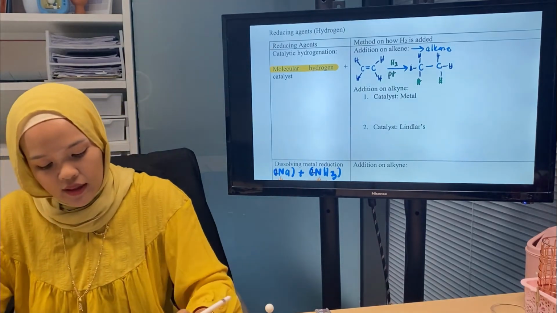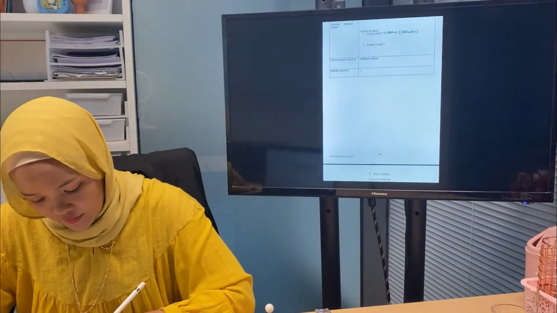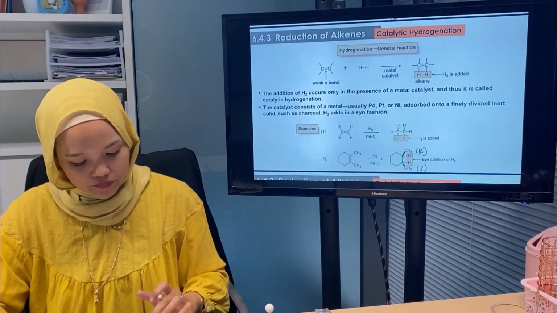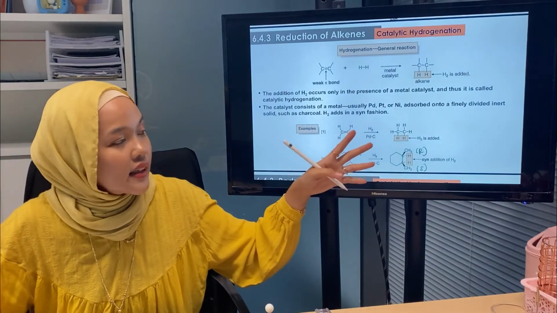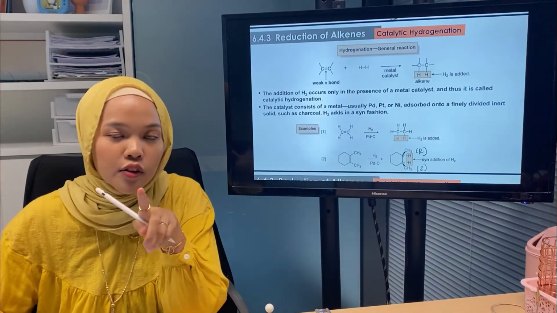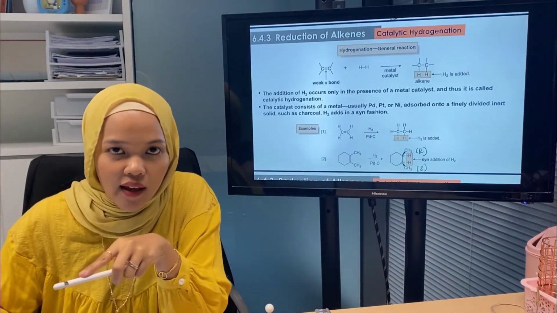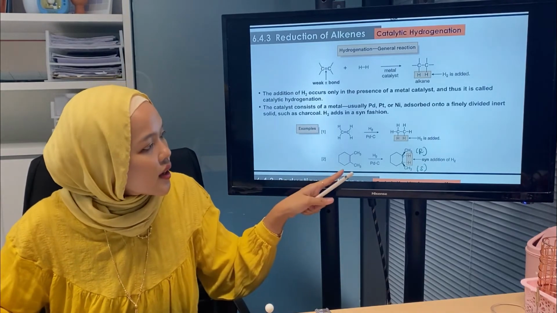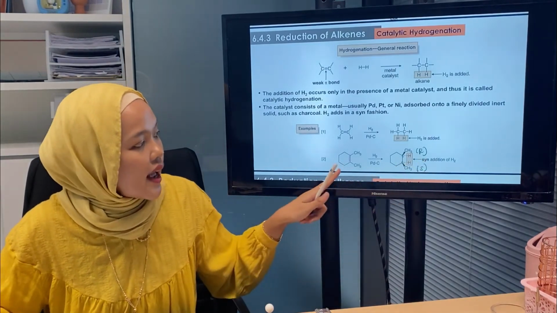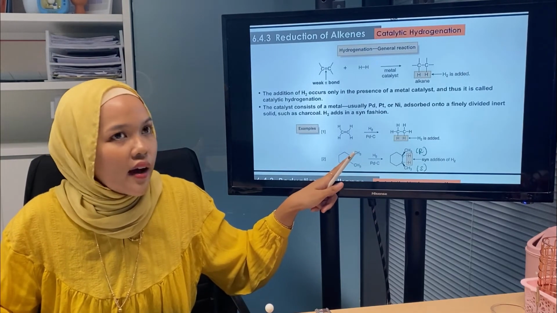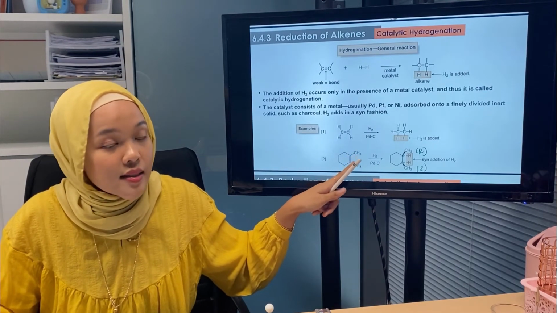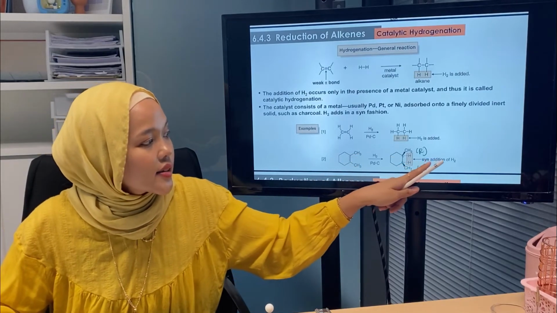Now, when it is added, you need to understand they will be added in a syn fashion. Just remember about syn and anti-addition. In the case that you have a stereogenic center, or you have cis and trans alkene and so on, you are going to add it in syn addition.